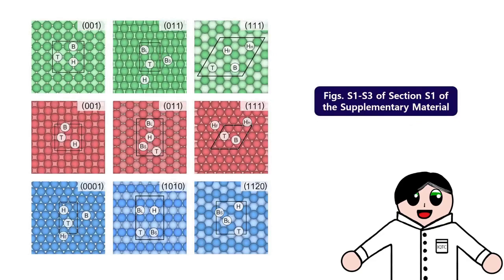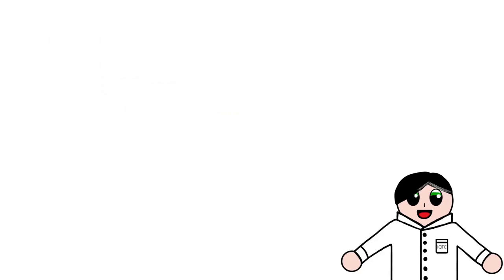All of these have been adsorbed in the highly symmetrical sites of each of the surfaces, which are the ones shown on screen. But please refer to the supplementary material for the entire list of the adsorption sampling. With all of this, we can go to the results.